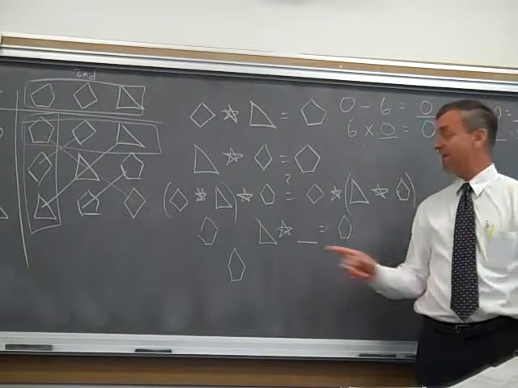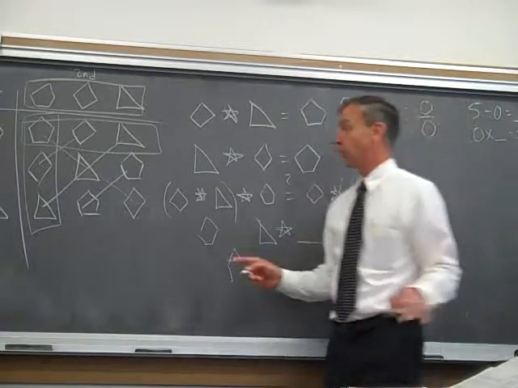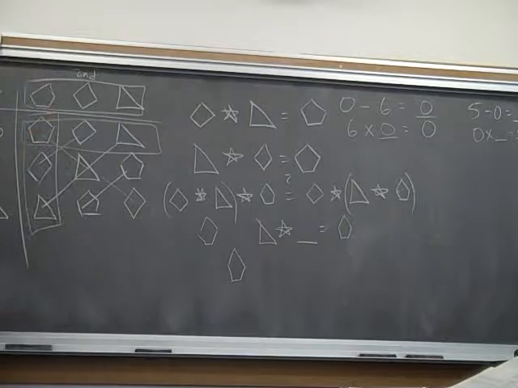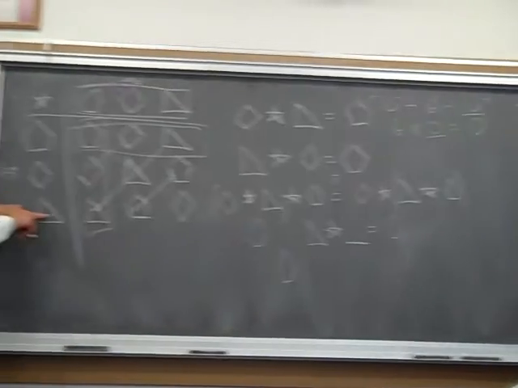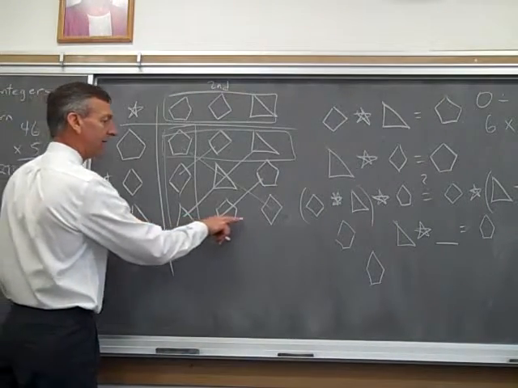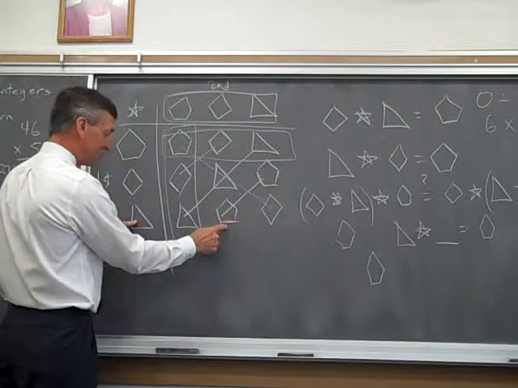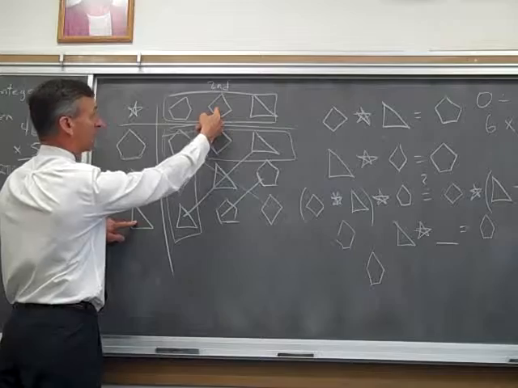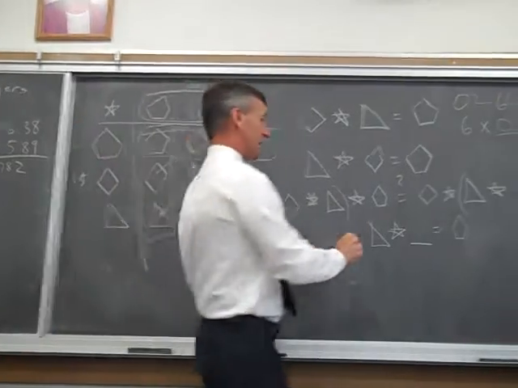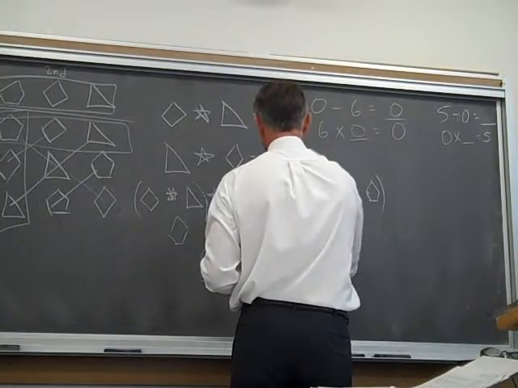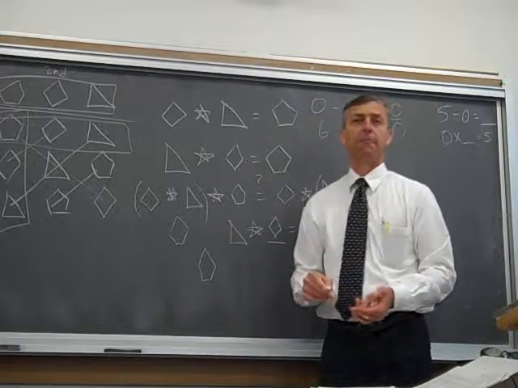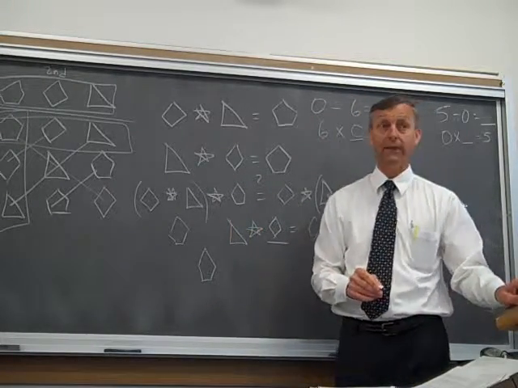Now, how do I find that? I go over here and take the triangle and go out here until I get to the identity and say, what produced that? Well, it was diamond. Diamond must be the inverse of triangle. Why?